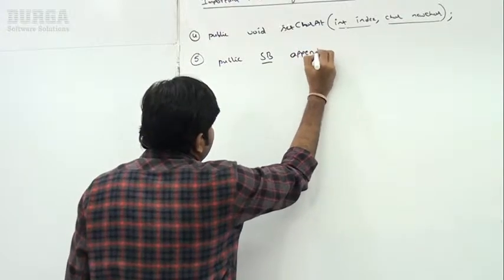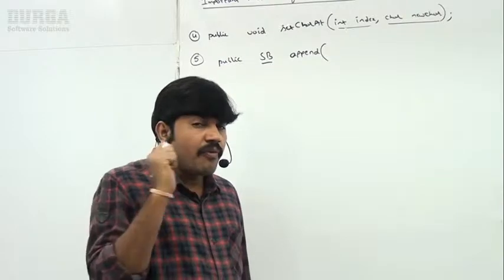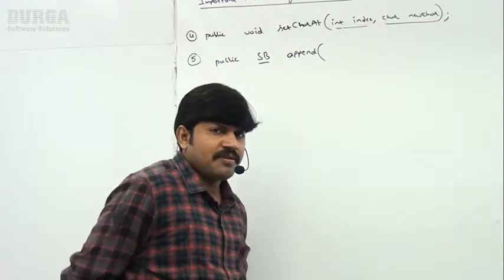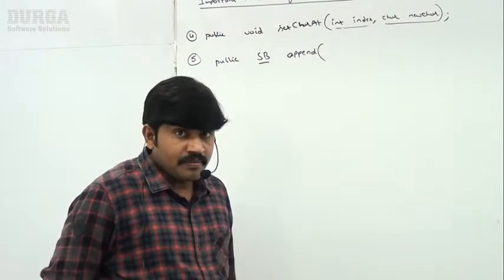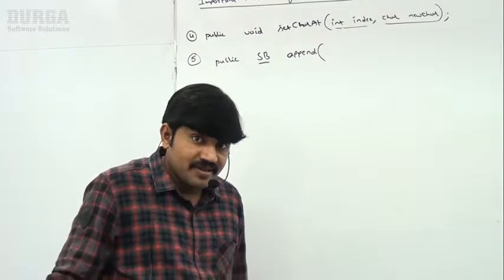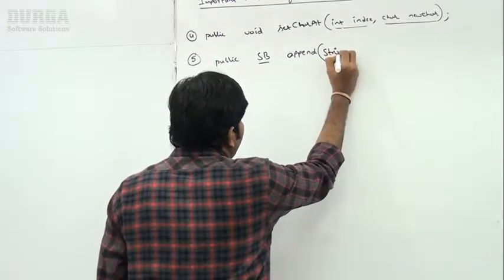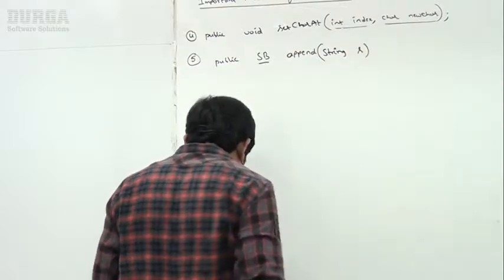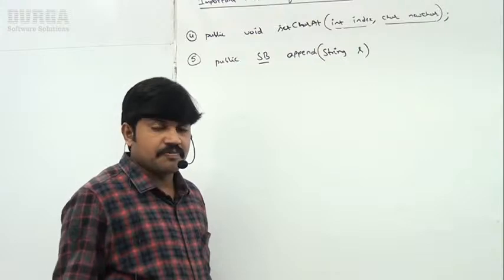Append is the method. Can you please confirm what the argument for the append method is? SB.append of software, something like that. Are you getting? So string is the argument. Observe the append method, string is the argument.